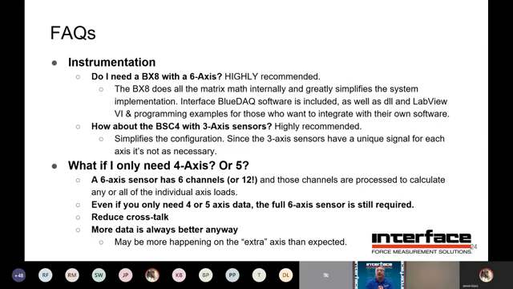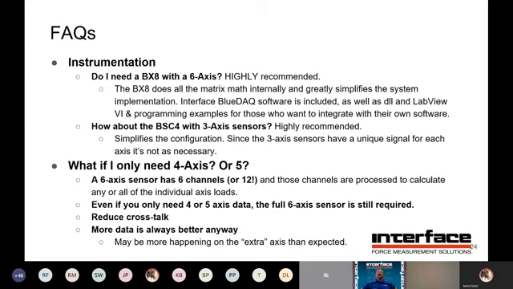All axes have to be sampled simultaneously, and then their math performed to understand the actual axis outputs. The BX8 does that. Also, we do have software that comes with it that allows you to do the visualization, data logging, and all that. But one of the neat things about the BX8 is you can set it up using software, and then you can disconnect the software, and it just sits there as a black box.